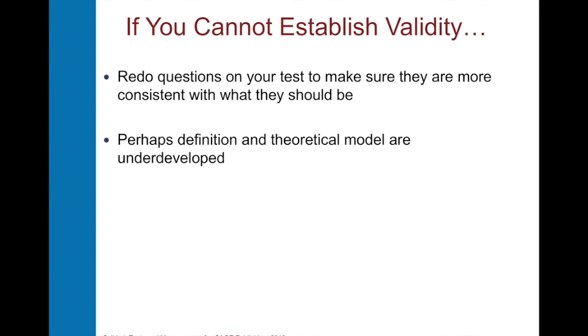If you're not getting the correlations you need for construct validity, then you might need to take a closer look at the theoretical rationale that underlies your test that you just developed. Or maybe you just might need to think about this a little bit more. So that at the end of the day, you want to address these different types of validities to make sure that your measure is measuring what it claims to measure.